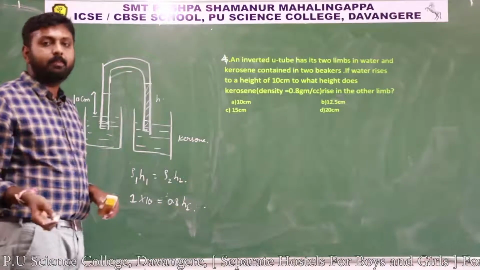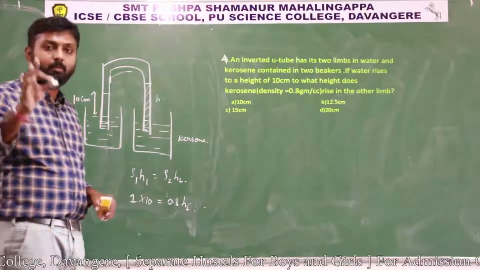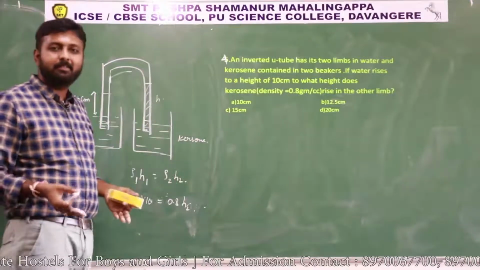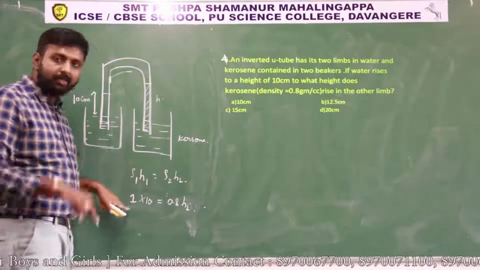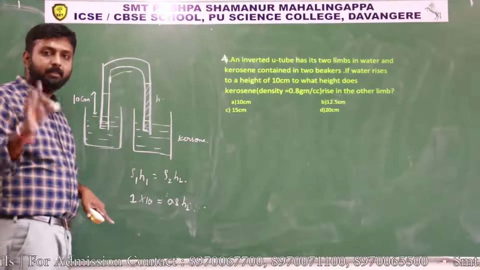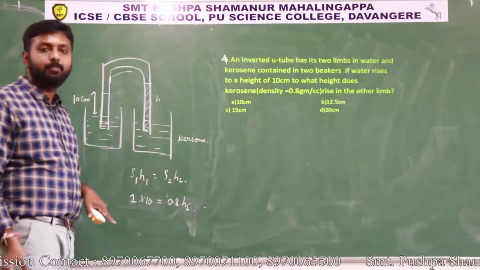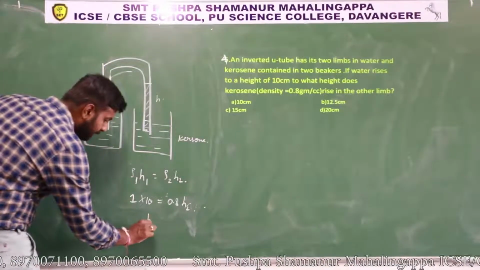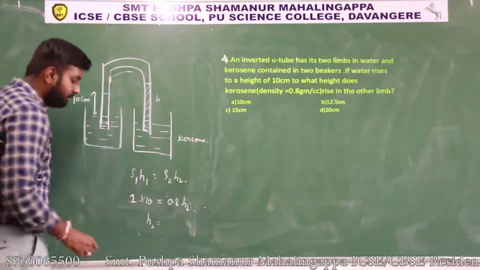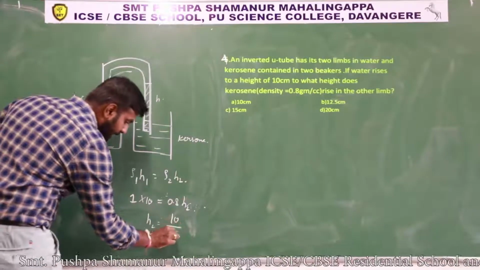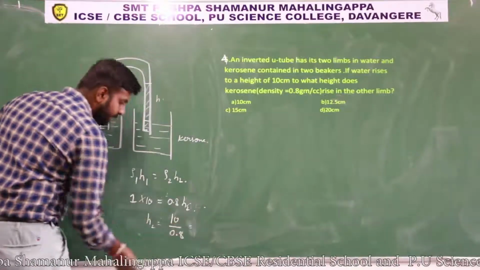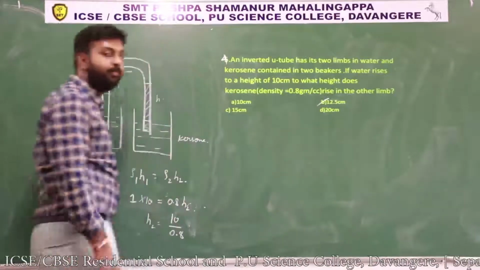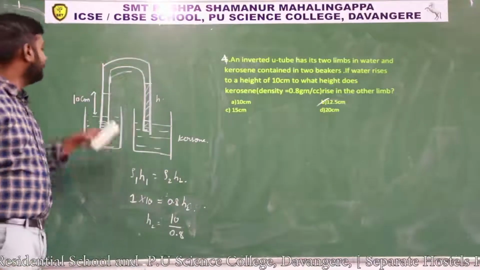In SI system the density of water is 1000 kg per meter cube, but in CGS system, remember, that is 1 gram per cubic centimeter. So similarly I substituted all the values to find the value of H2. The value of H2 you will get 10 divided by 0.8, that you will get nearly 12.5 centimeter. This is the answer.